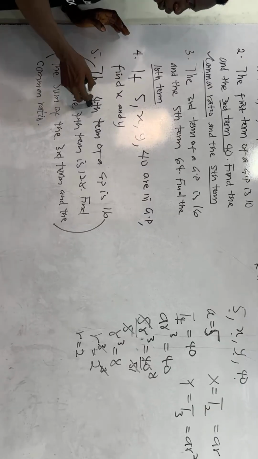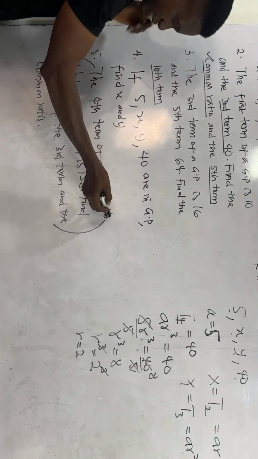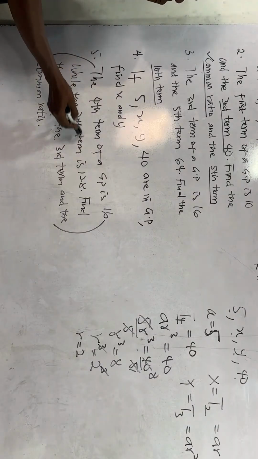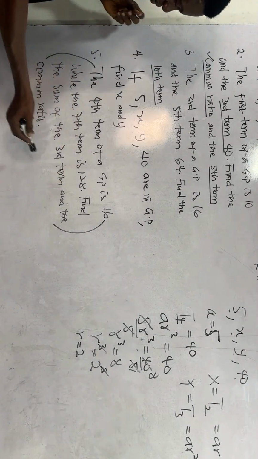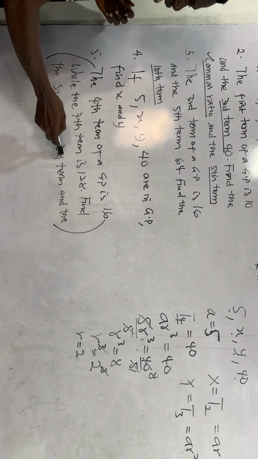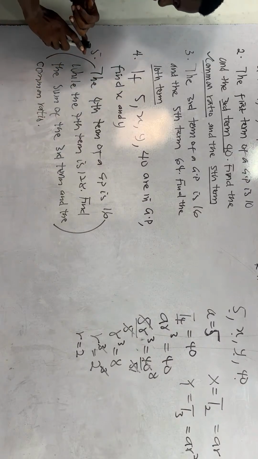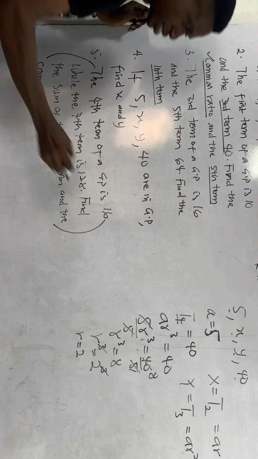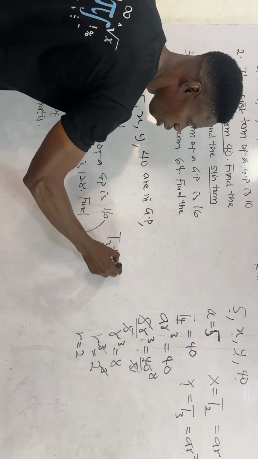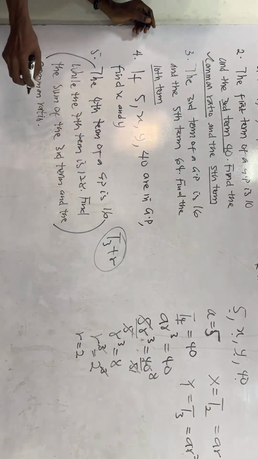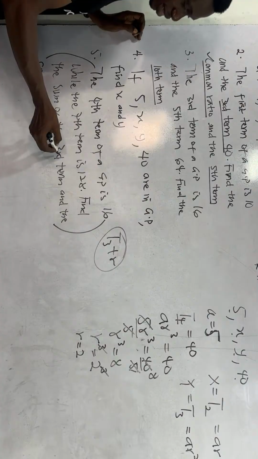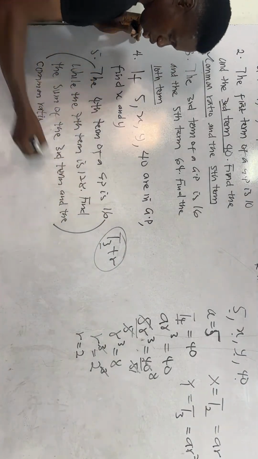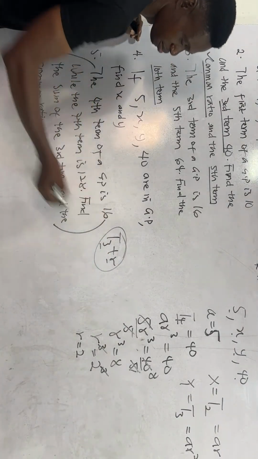It says the fourth term of a GP is 16, while the seventh term is 128. Find the sum of the third term and the common ratio. So you're looking for T3 plus the common ratio.